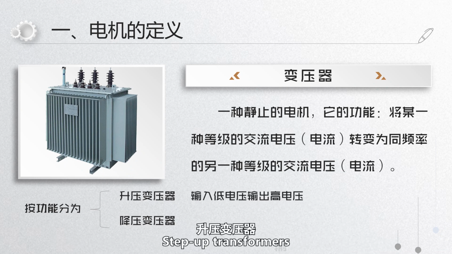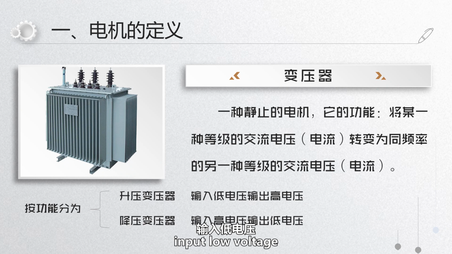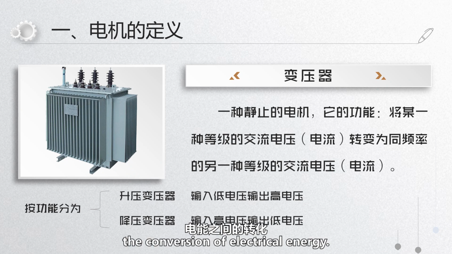Step-up transformers input low voltage and output high voltage. Step-down transformers input high voltage and output low voltage. Transformers realize the conversion of electrical energy.